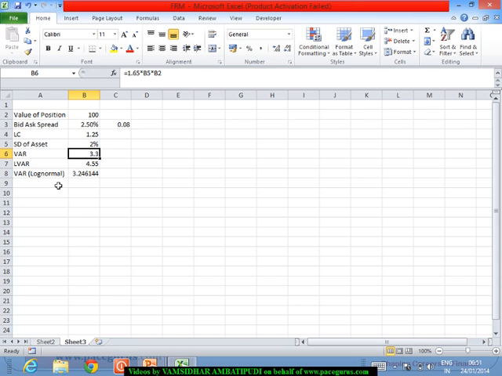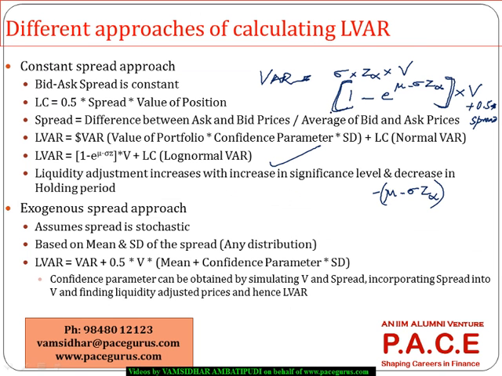And of course, when I compute the LVaR in this case, it is nothing but the VaR plus the liquidity cost. So the log normal VaR, and the liquidity adjusted VaR, is also slightly lesser in this case. And here also I can try finding out the liquidity adjusted VaR to VaR ratio.